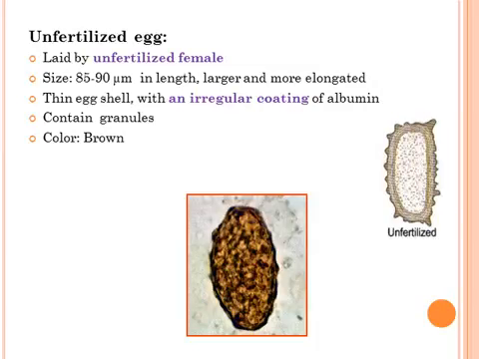The eggshell is irregular and thin. Inside, the ova contains granules, so there is no zygote or spherical cell inside the ova. The color is brown.